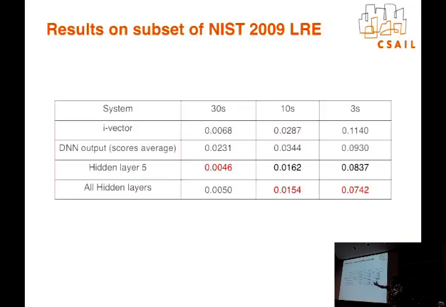I'm just saying that this way to model the neuron activation is one good way. It's not the best way, but it's one way. I'm just claiming that there may be more information in the DNN that people are not using. That's the only thing.